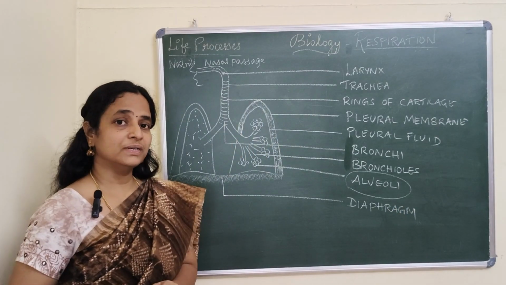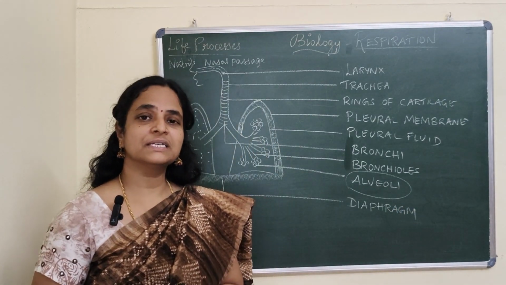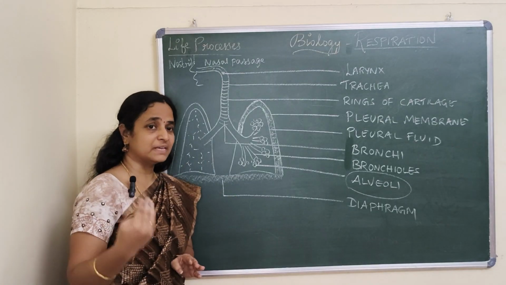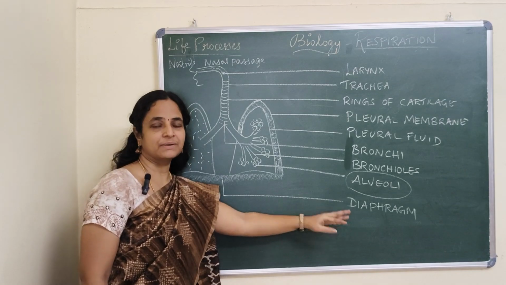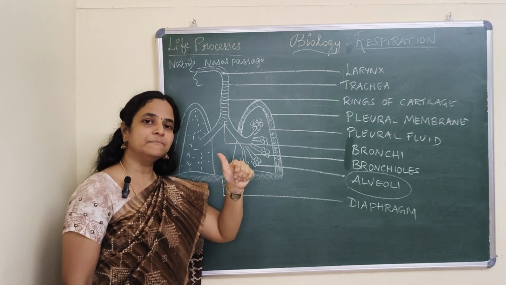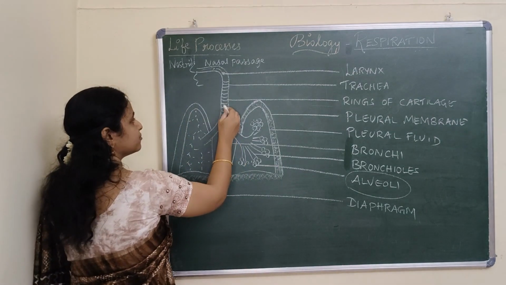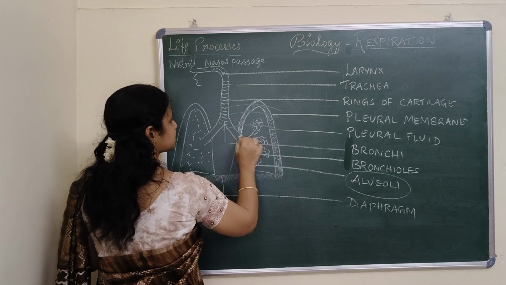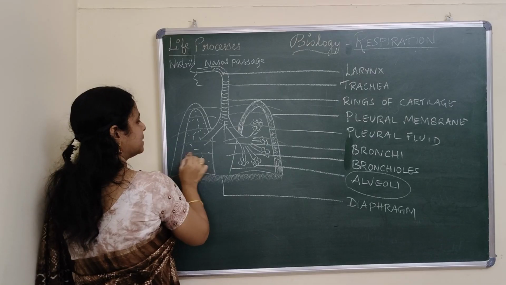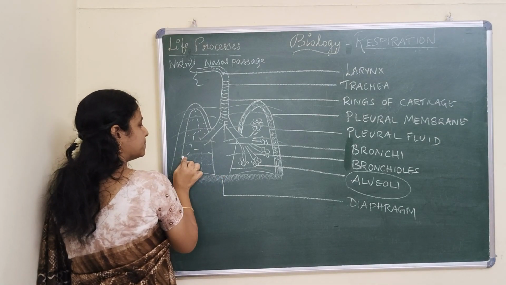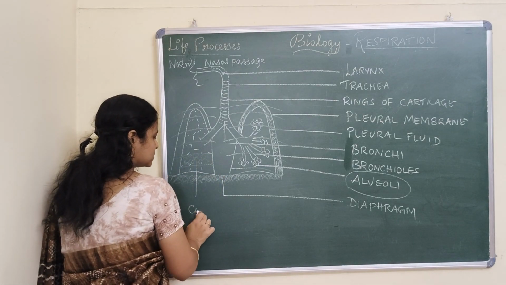I told you in the beginning that respiration and breathing involve three important parts. One is the diaphragm, and the other two are the ribs and costal muscles. You can find the ribs, and in between the ribs we have a type of muscle called the costal muscles.